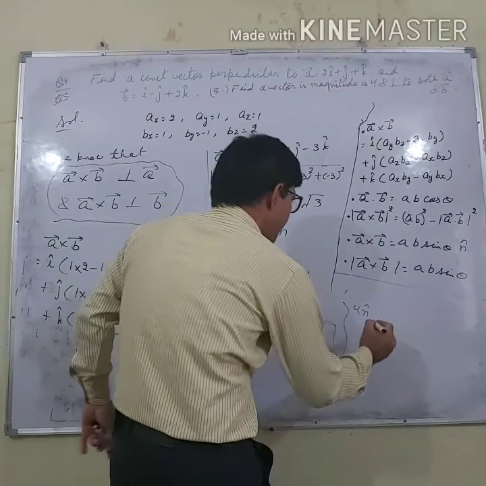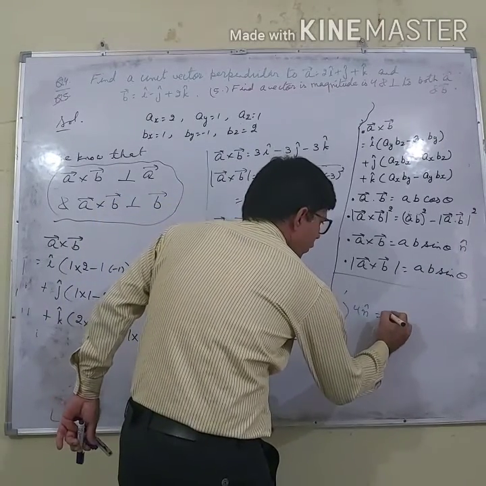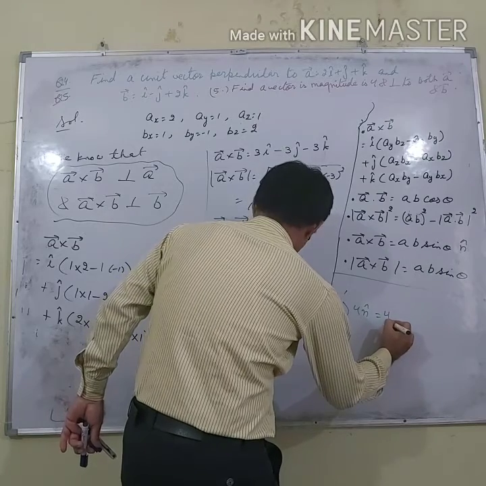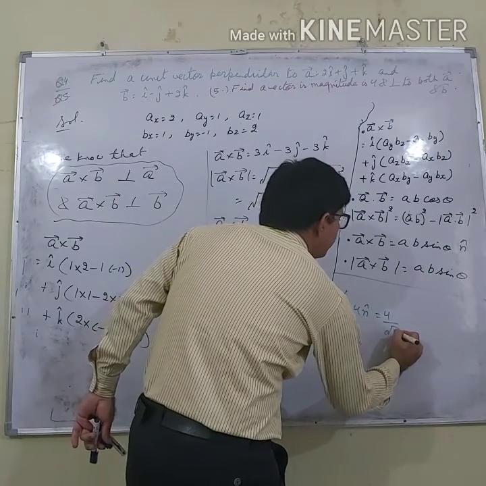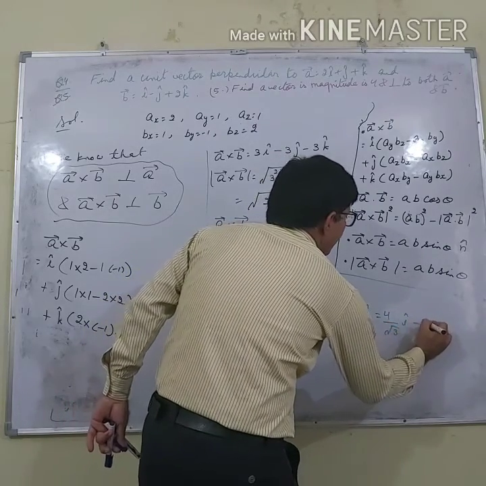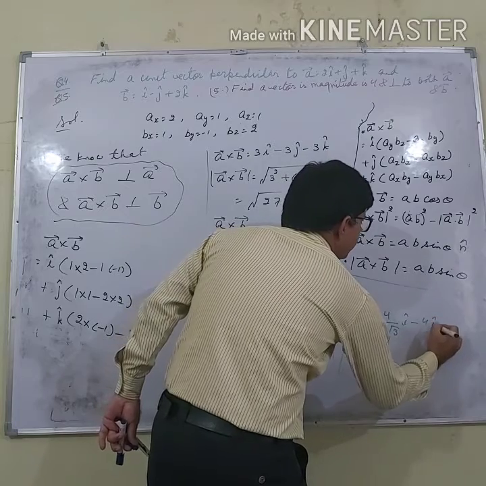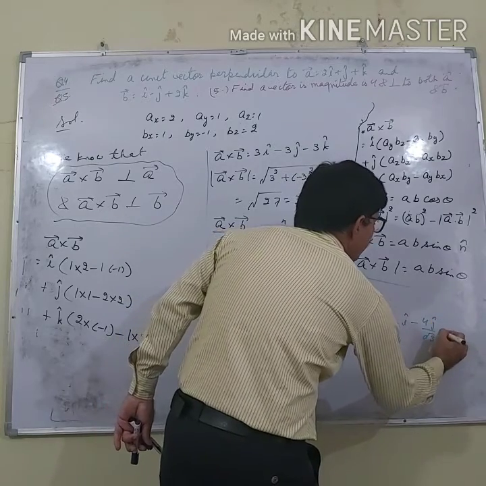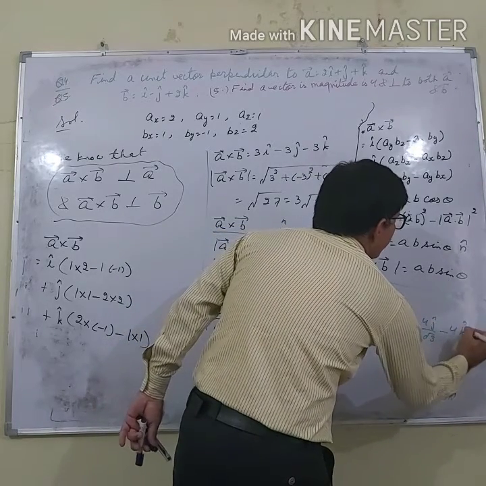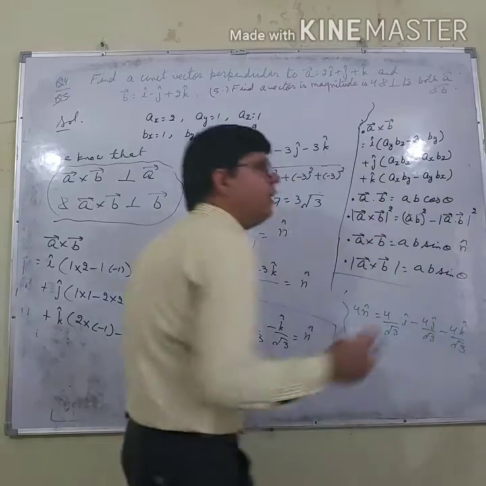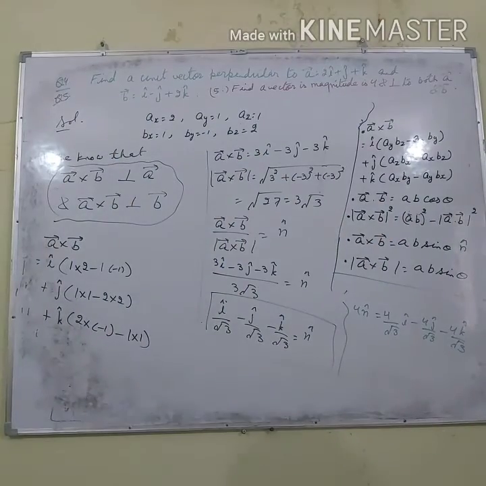So I will multiply by 4 and get 4 upon root 3 I cap minus 4 j cap upon root 3 minus 4 k cap upon root 3. So in this way questions can be modified and asked.